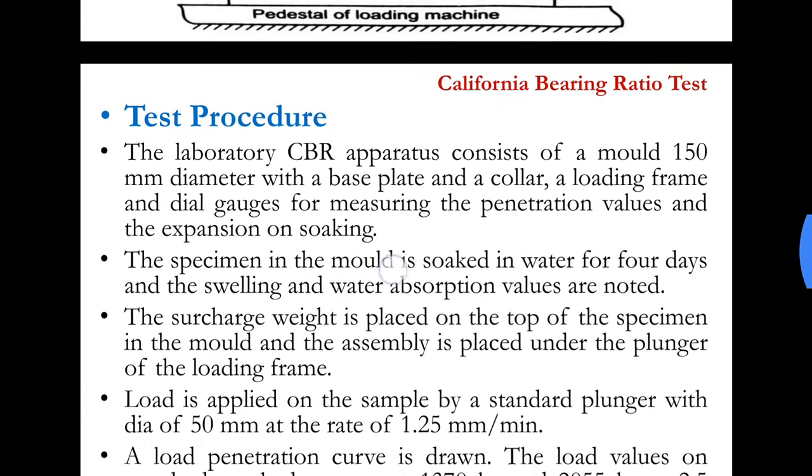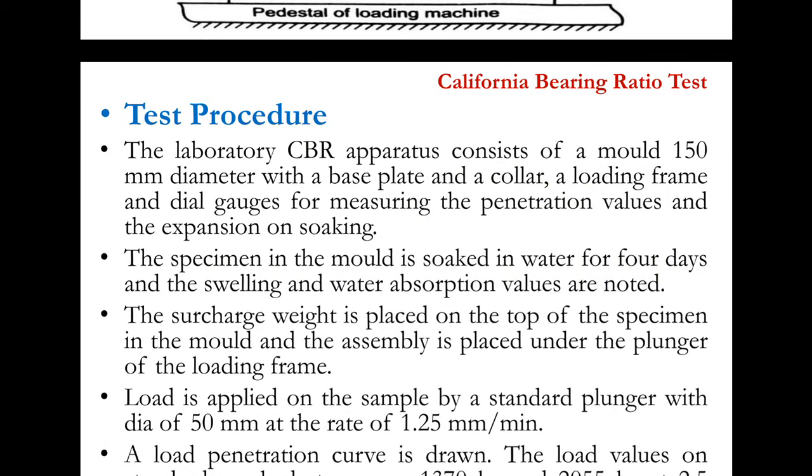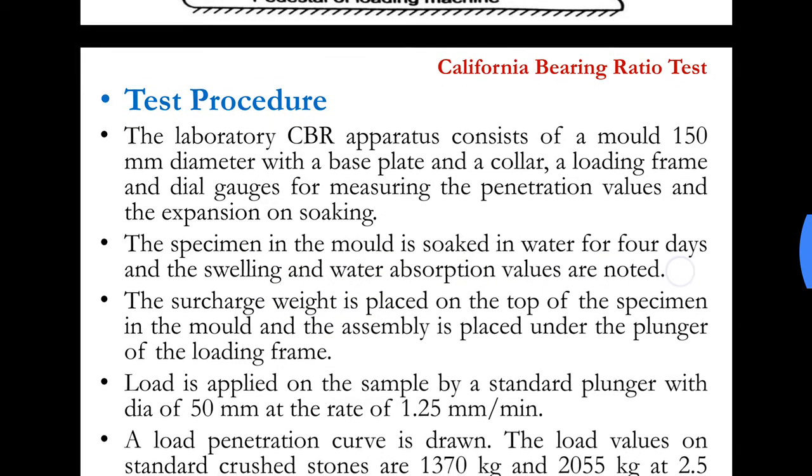The specimen in the mold is soaked in water for 4 days and the swelling and water absorption values are noted. Initially, before testing, we try to test the soil specimen for the worst case scenario, and hence we soak the soil specimen in water for a period of 4 days and later on we test it.